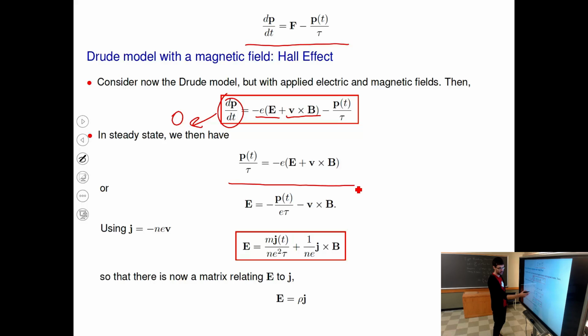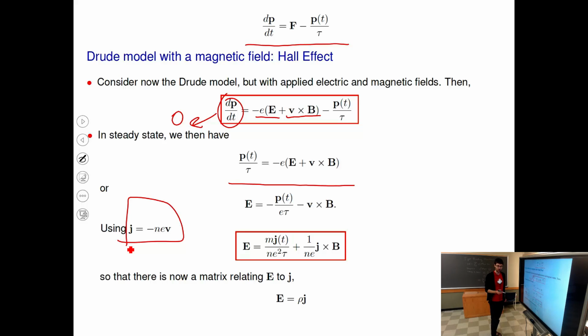We can rewrite this equation not in terms of momentum, but in terms of current density, using again the expression for current density, which is the density of electrons times the charge times the average velocity of electrons.